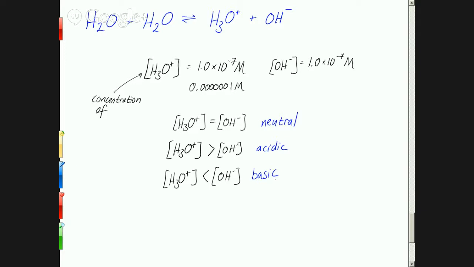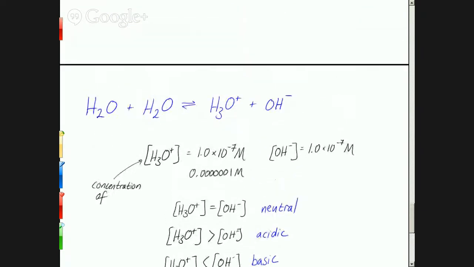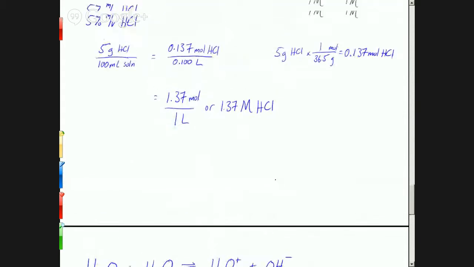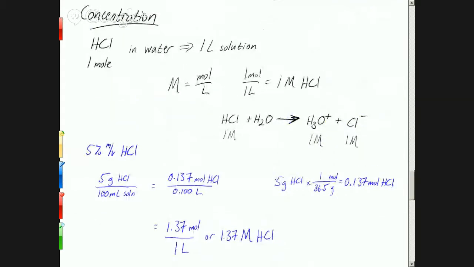So let's go back up to our HCl example right here. If we have 1 molar HCl, that means that our concentration of H3O plus is 1 molar.